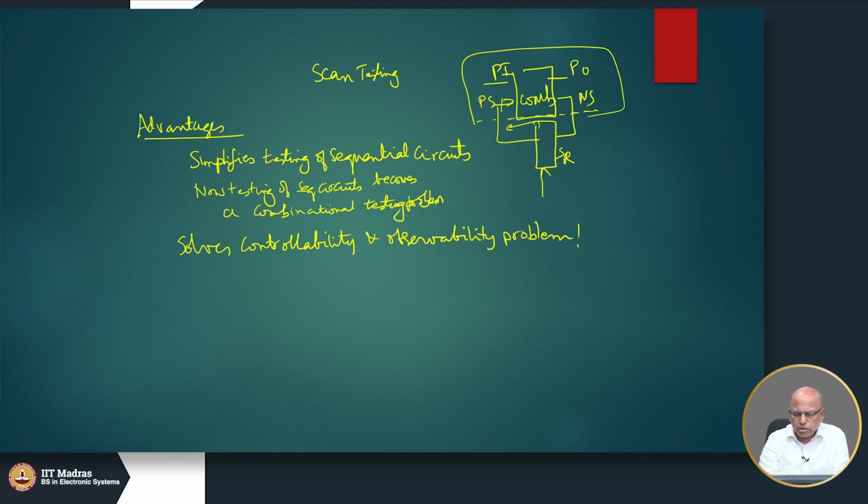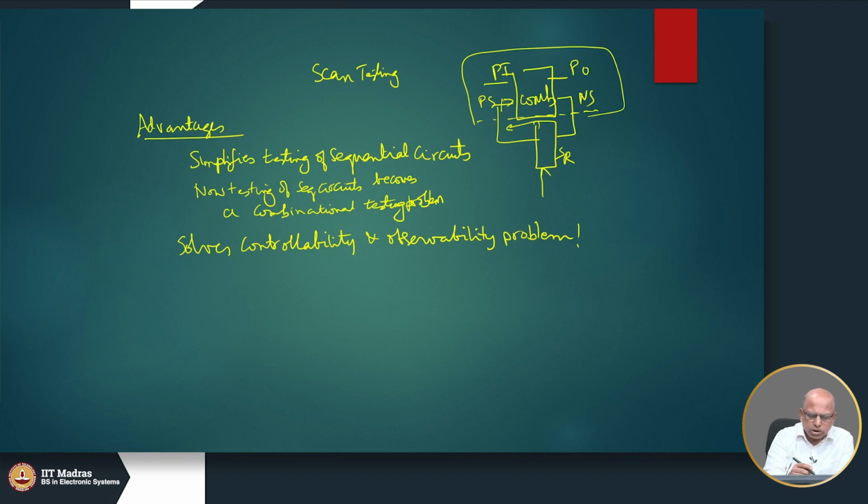So, we have solved the controllability problem. Similarly, when we want to see what is inside the register, we simply shift out the contents. It is enough to have the serial in and serial out.